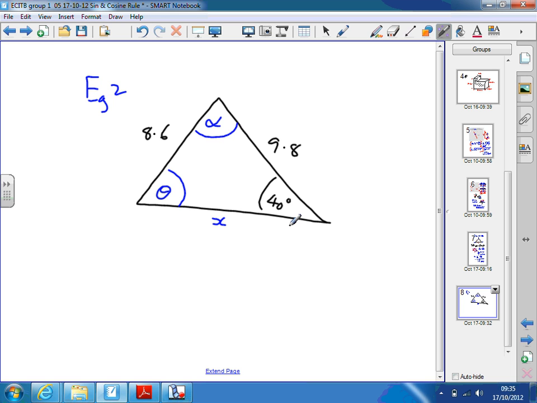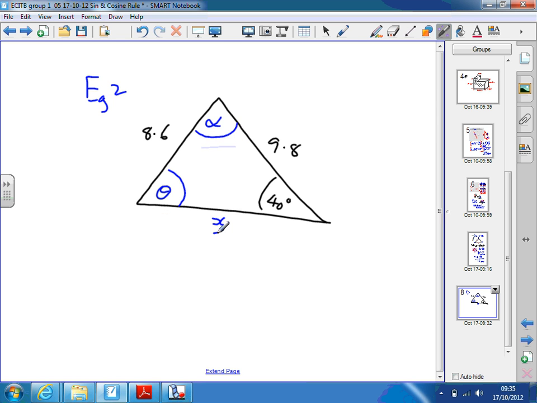We can use the sine rule because we know one side and the angle opposite it, and then we look at the other bit of the relation, we know this, so that allows us to find the angle opposite that. Once we know that angle, we can then find the other angle, because they add up to 180, and then once we know that, we can find x. So that's the sort of plan, okay?